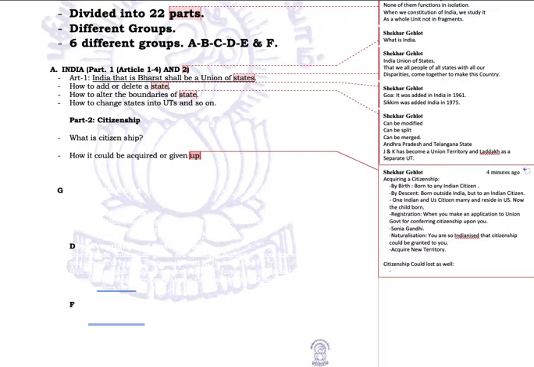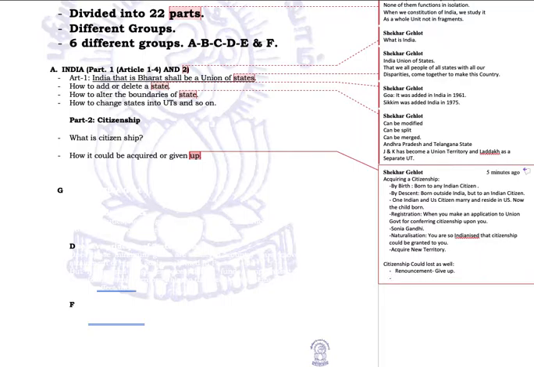One is by renouncement. When you renounce your citizenship of India, when you yourself voluntarily give up Indian citizenship, your citizenship will be lost by the process of renouncement.